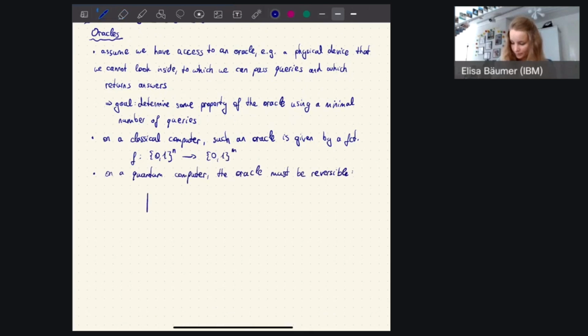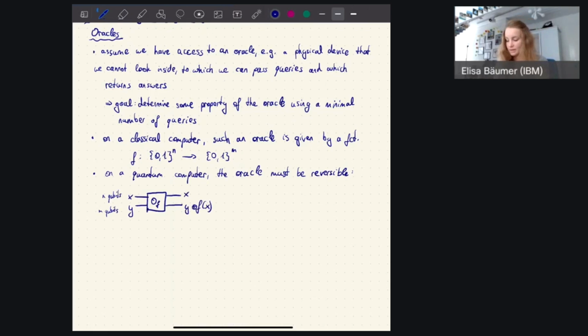So we have our oracle function O_f, the gate that the oracle implements. We have input x, where x is our n qubits. Then we have m other qubits, y. And we have the oracle O_f, and we output x and y plus f of x.